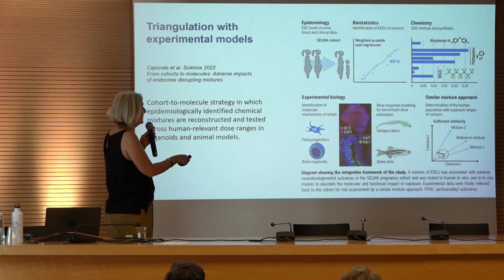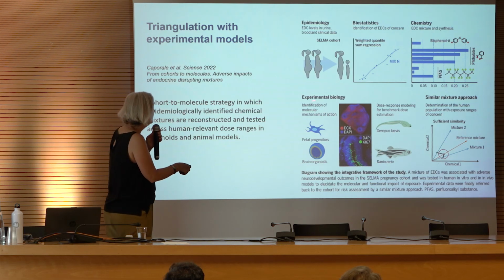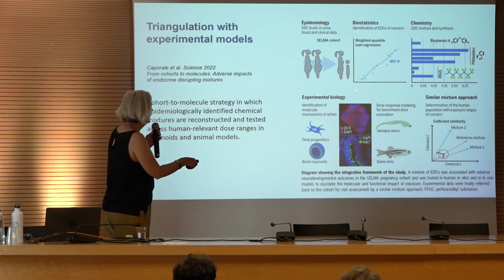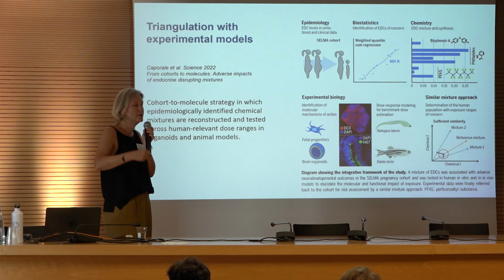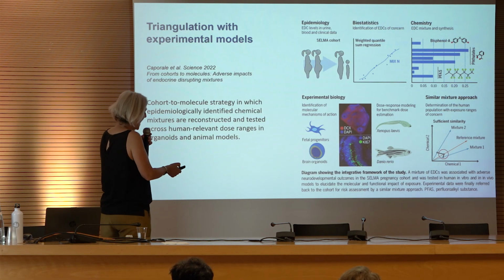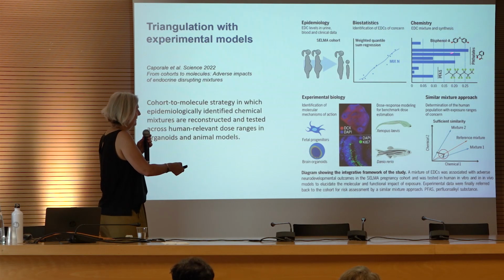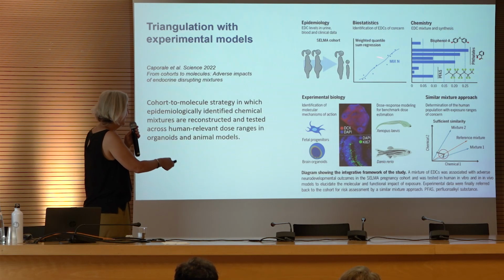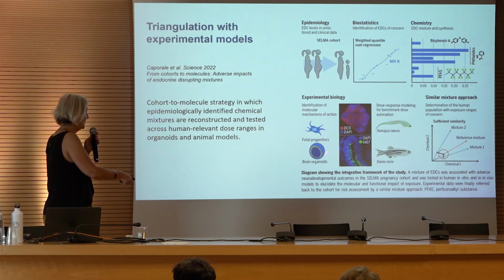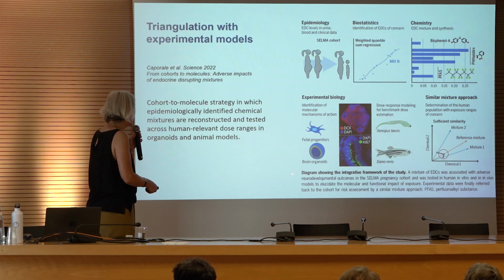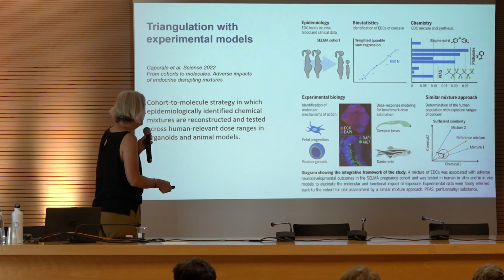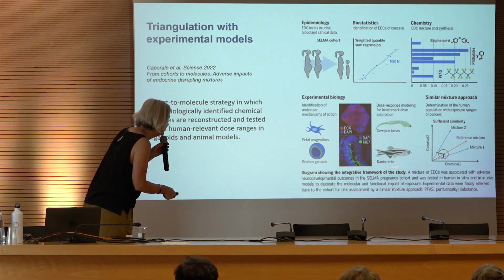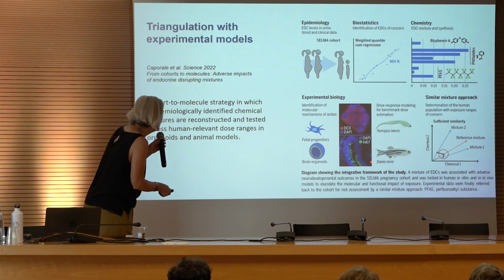They ran a weighted quantile sum regression, very similar to what I showed you before. So they found a mixture of chemicals that was associated with an increase in neurodevelopmental problems, and then they synthesized that mixture of chemicals using these different weights of the quantile sum regression and made this mixture for their experimental work, both in vitro and in vivo, using zebrafish, or I can't remember which models they used.